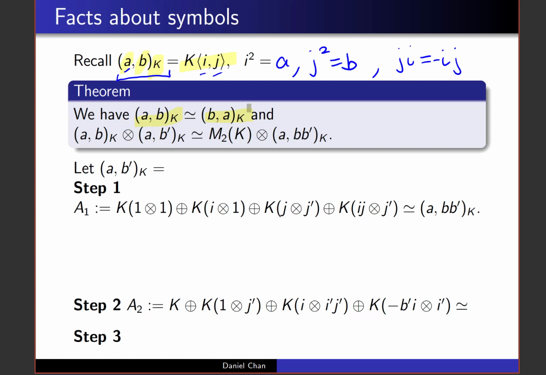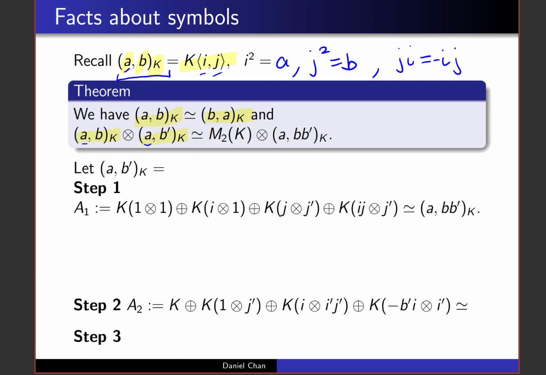Next, what happens if you take the tensor product of two of these quaternion algebras? In general this is quite complicated, but there is a special situation where we can say more. Suppose we have (A, B)_K tensor (A, B')_K, where the first entry is the same. Then we have a very nice formula.